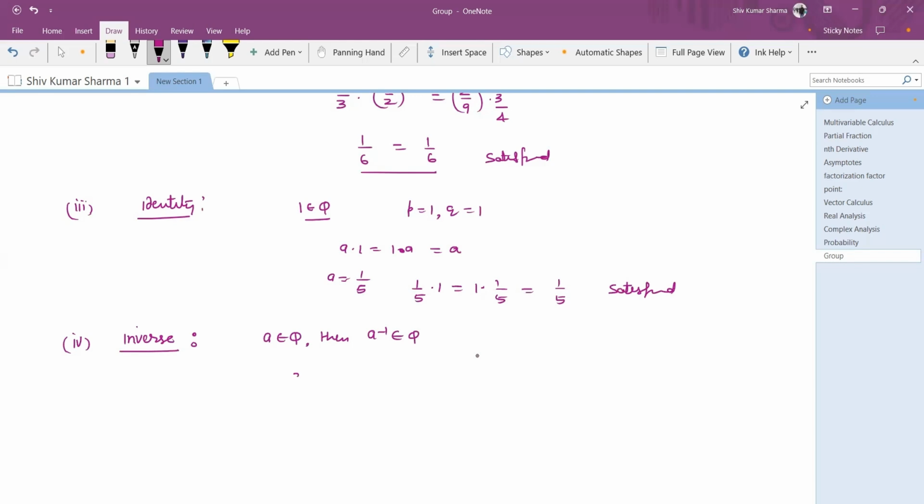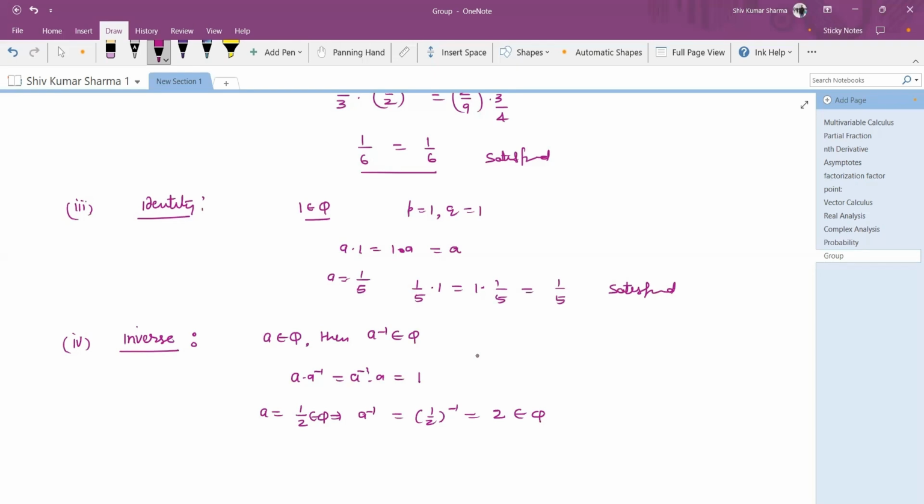So we take A into A inverse is equal to A inverse into A is equal to E, E means 1. Now suppose A equal to 1 by 2. What is the A inverse of this? The inverse of 1 by 2 is 2. So 2 also belongs to the rational numbers.